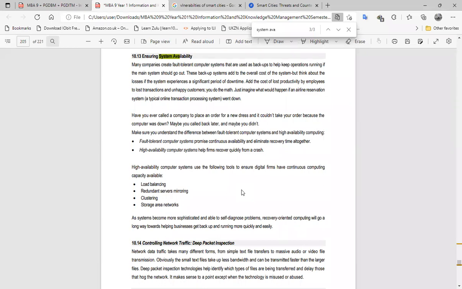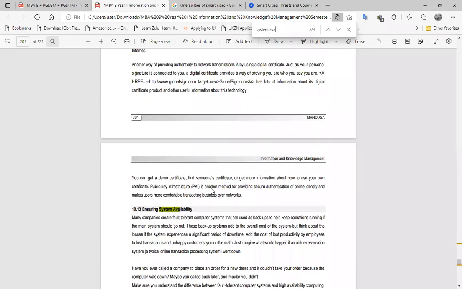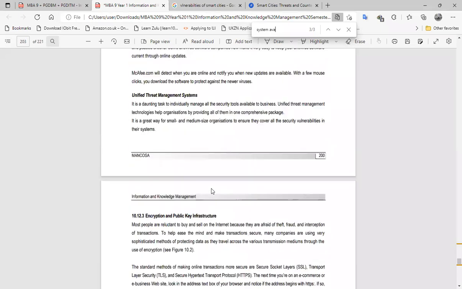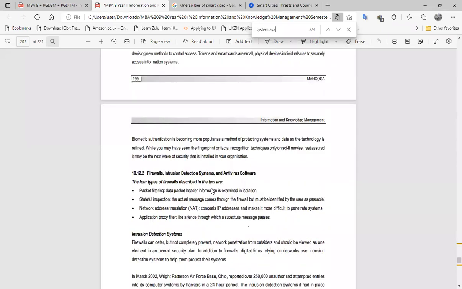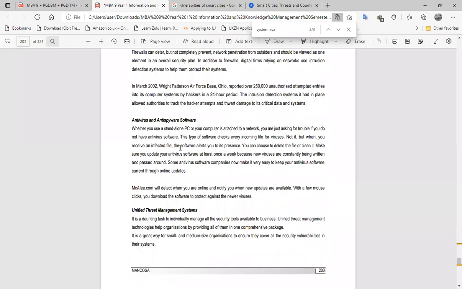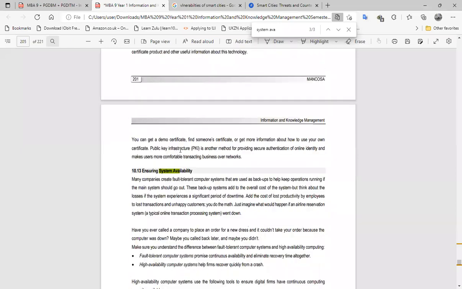Now this is deep IT stuff. Let me see, because I'm thinking of something, but I don't want to say something when it's not under the same topic. Okay, so it's under security. So when they're talking about system availability, we're talking about in case of failure.